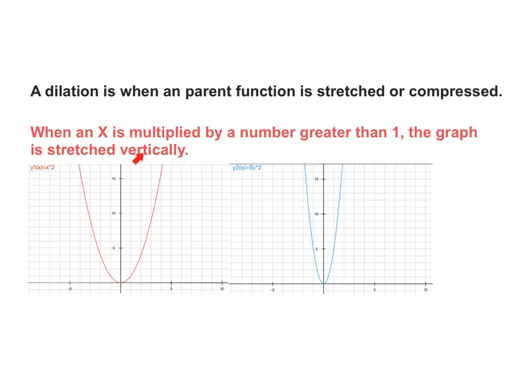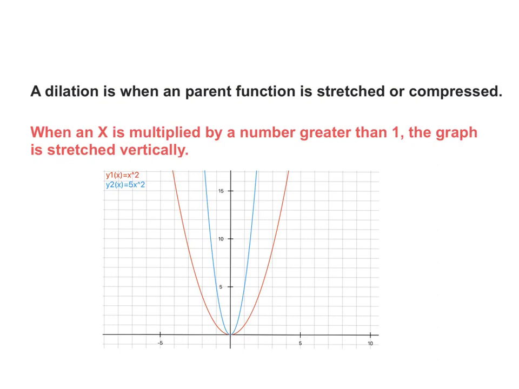Vertical stretch. Now, the next picture, if you want to insert it, you can. You don't have to. I basically put these two different graphs on the same grid. So just know that when I switch over here in a second, all you're doing is seeing a comparison of those two combined together. Okay.